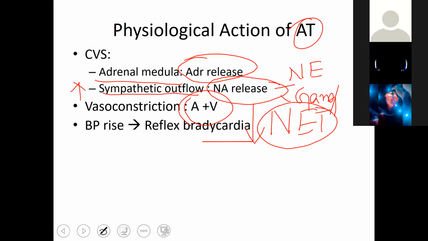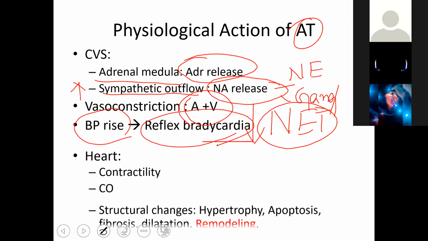This rise of the BP causes reflex bradycardia because of the baroreceptors present in your arch of aorta and your internal carotid artery. The carotid receptors and arch of aorta receptors, the baroreceptors, get stimulated, and that causes reflex bradycardia.